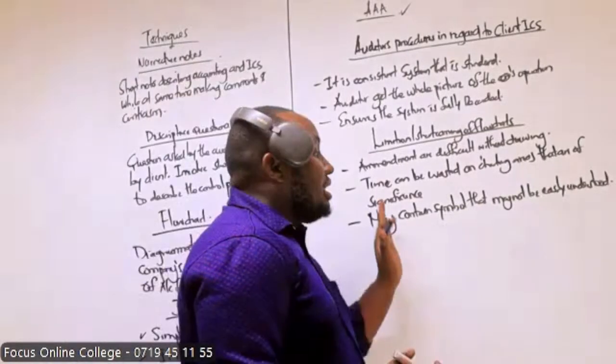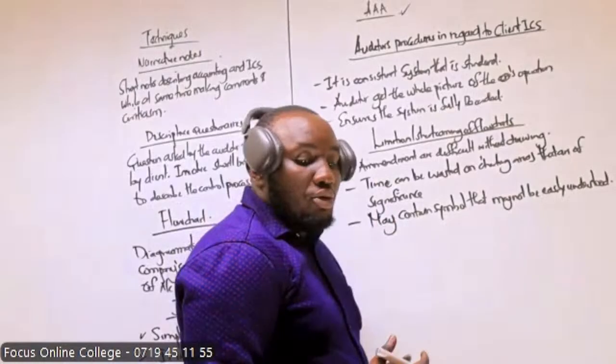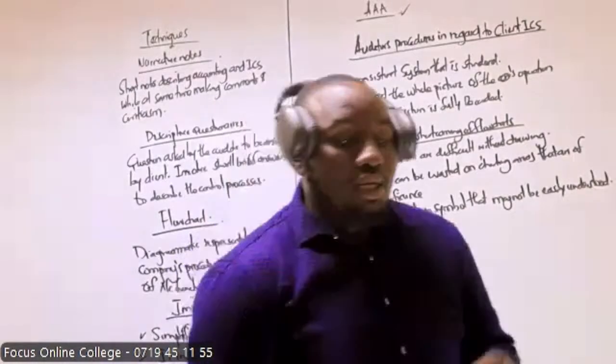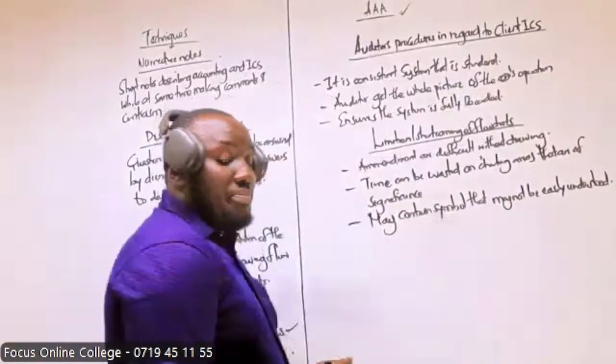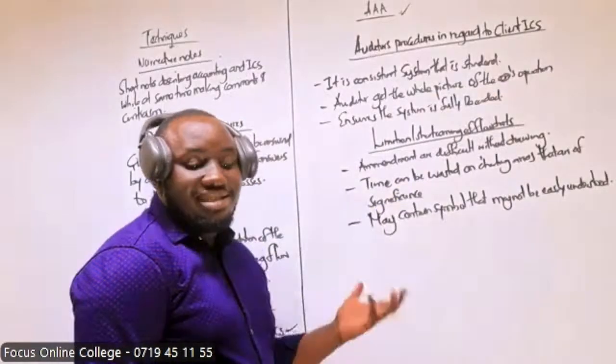In a flowchart, you can basically have symbols that may not be understood. Some people may find difficulty in understanding those symbols altogether.